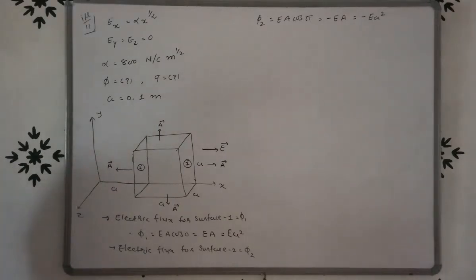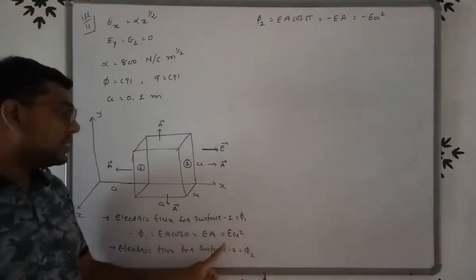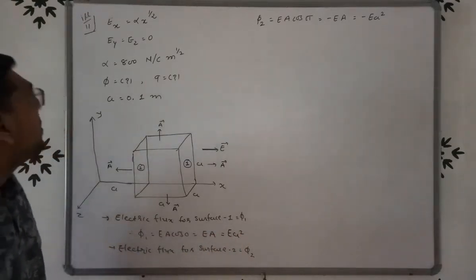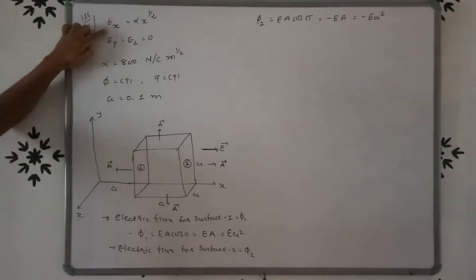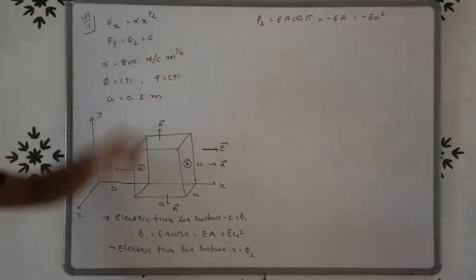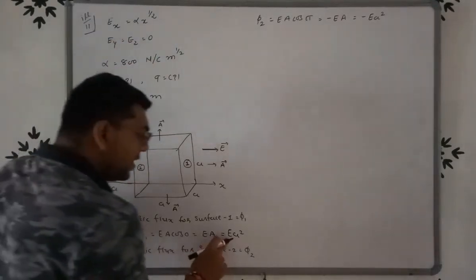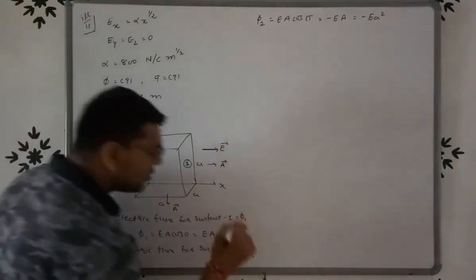Right? So here the flux for surface 1 is EA square, but we know the value of the electric field. Electric field Ex, which is in the direction of the x-axis, is alpha x raised to 1 by 2, right? So here we have to put the value of E, that is alpha x raised to 1 by 2.